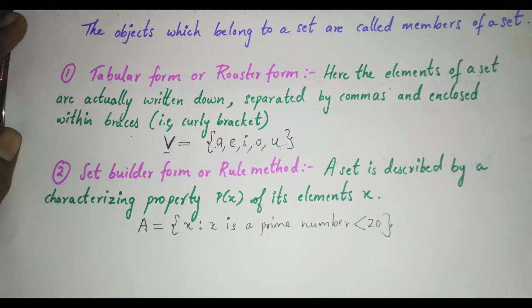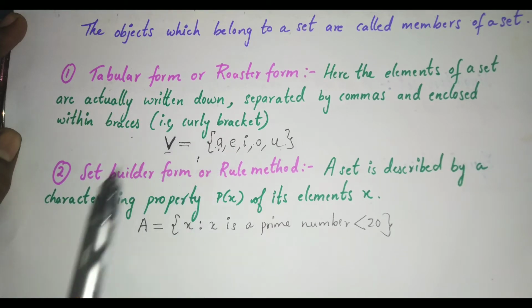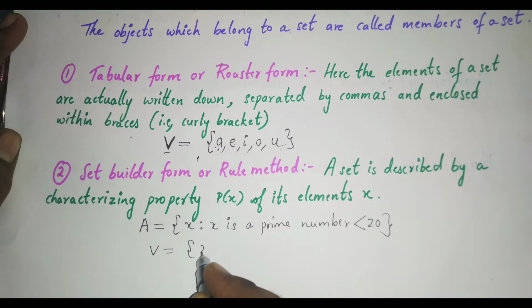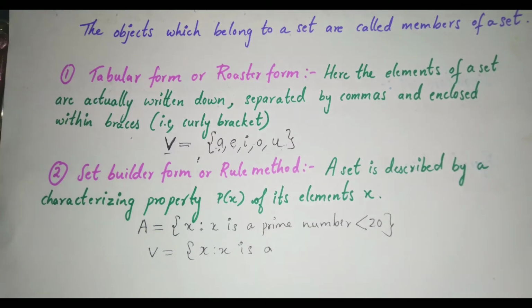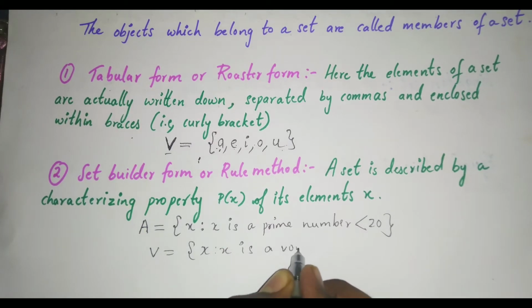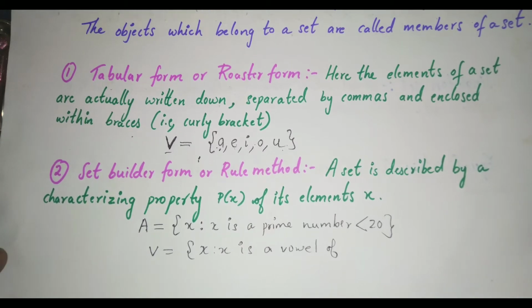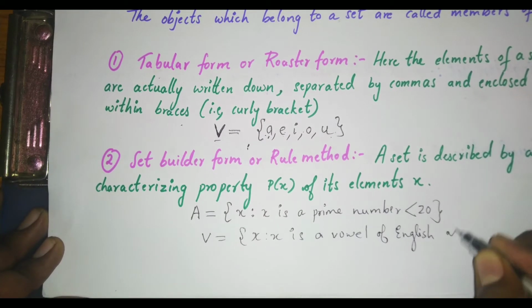Now in set builder form we are just writing a statement. Suppose this is in tabular form. If I have to write it in set builder form, then I write V equals, curly bracket, x such that x is a vowel of English alphabets.